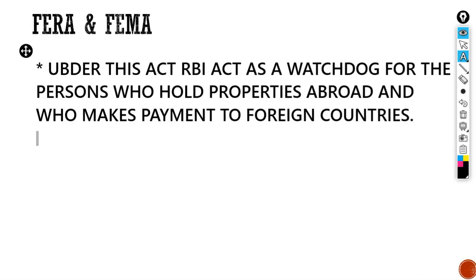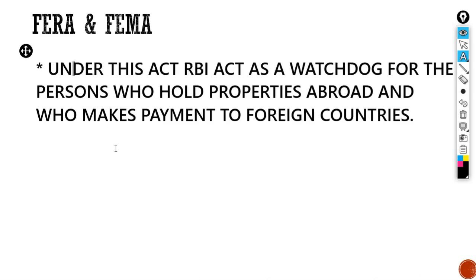So this is one of the important objectives. Under this act, RBI acts as a watchdog for the person who holds property abroad and who makes payment to foreign countries.